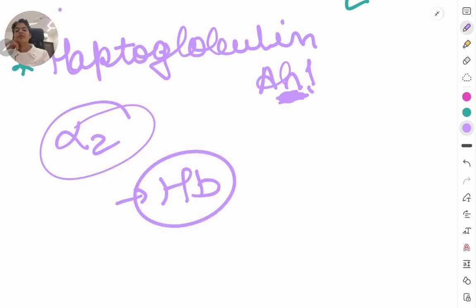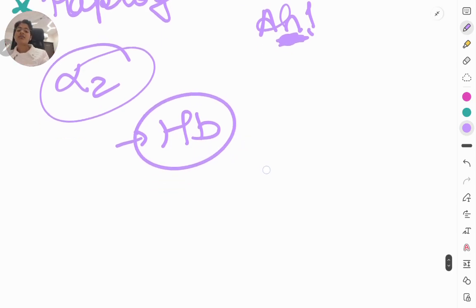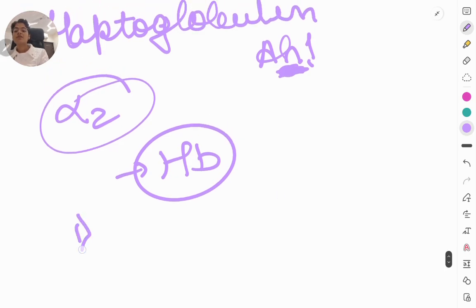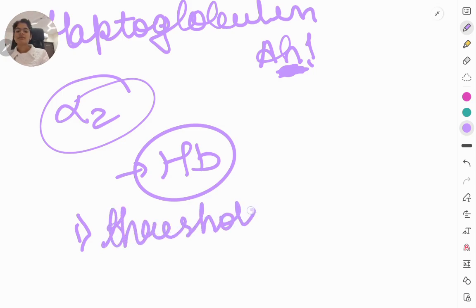It carries hemoglobin, and it has several functions. First of all, it regulates the threshold of hemoglobin in the kidney.